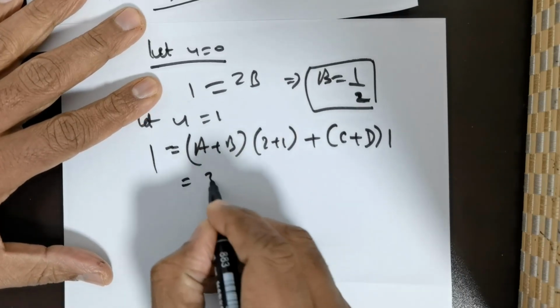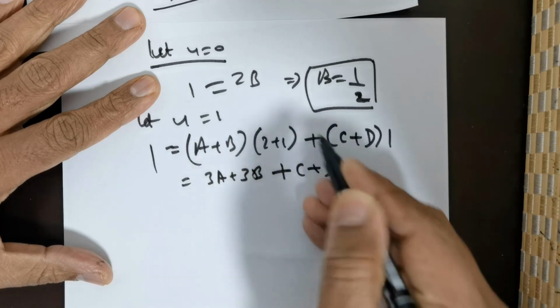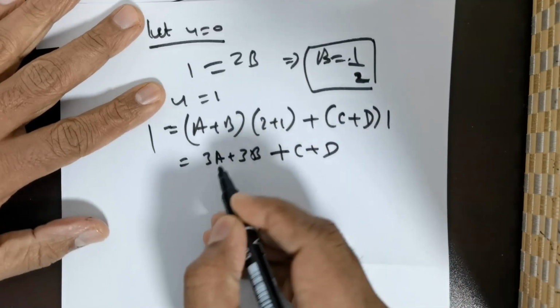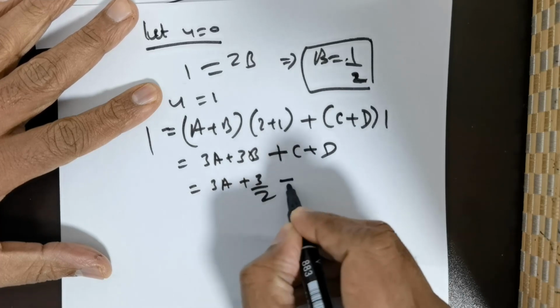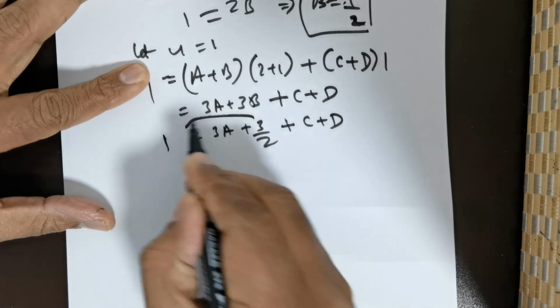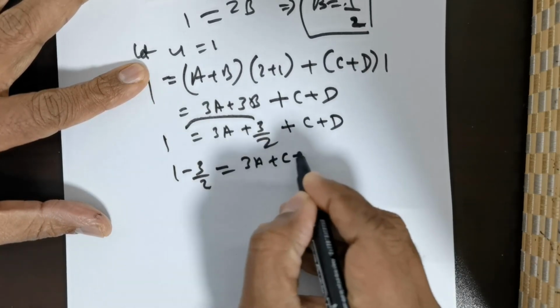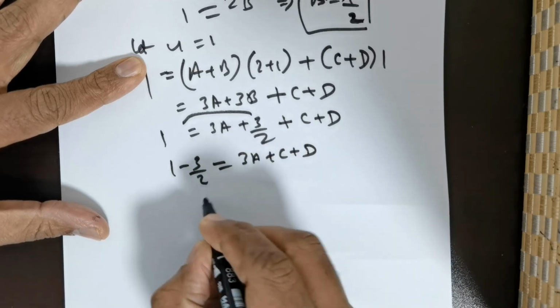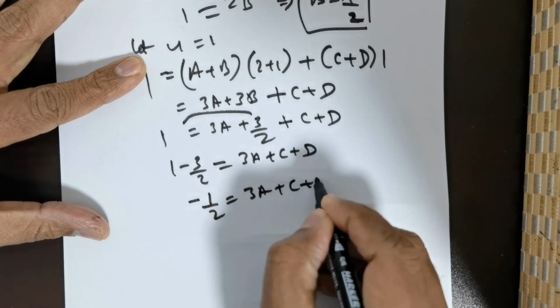So this is going to be 3 times a plus 3b plus c plus d, but b is equal to 1 over 2. You substitute that, you get 3 times a plus 3 over 2 plus c plus d, and you got a 1 there. You push this, you get 1 minus 3 over 2 is equal to 3a plus c plus d, and this is going to be negative 1 over 2 is equal to 3a plus c plus d.